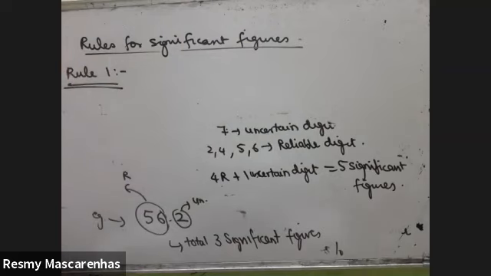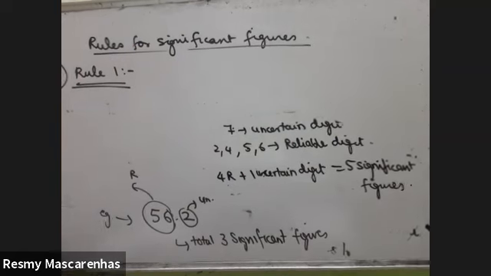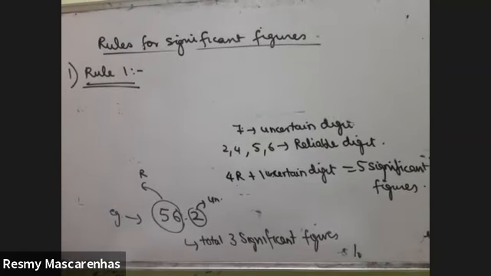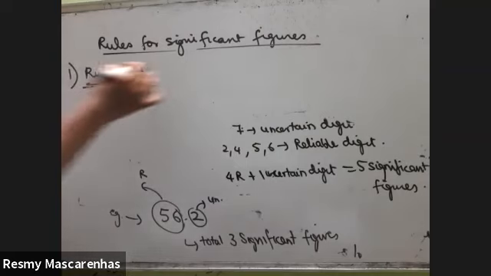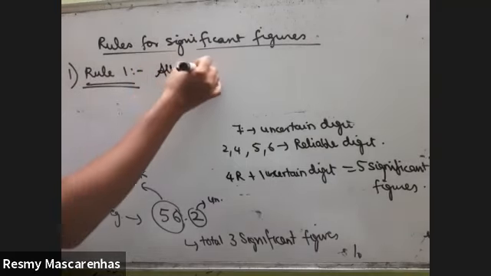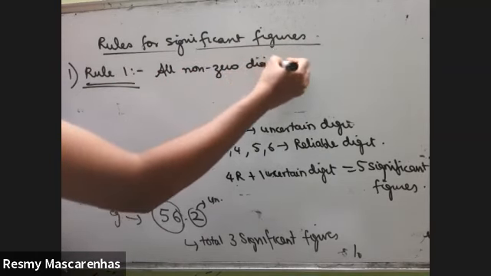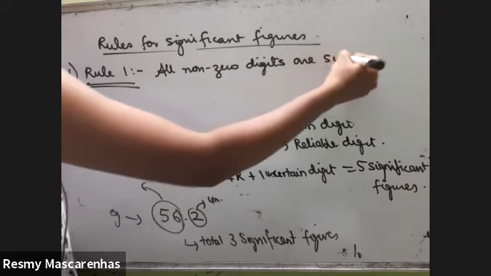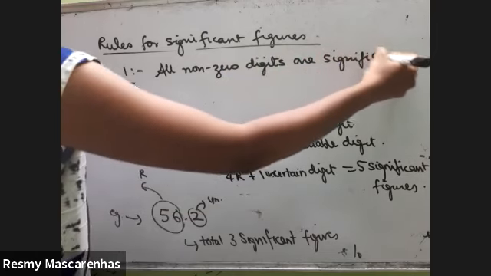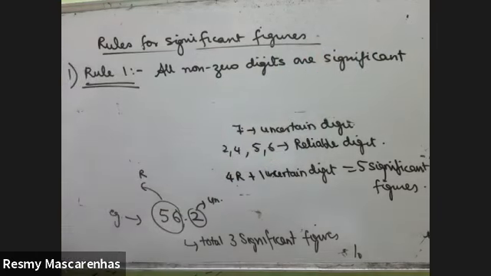First rule: all non-zero digits are significant. Just write this, I'll explain what it means.